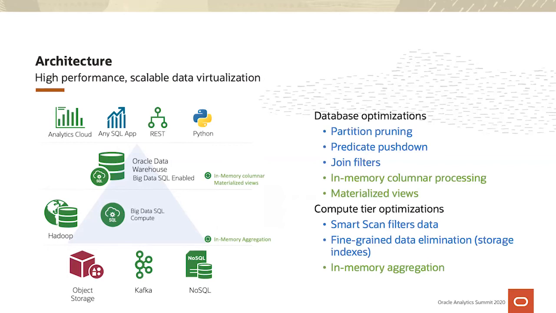On the compute tier, it also does the aggregation, and we talked about that before. So at the end of the day, it's all about filtering and eliminating data as much as possible, processing that data and aggregating that data, and then bringing the result back to the database and to the client. So that's efficient processing. That data may come from Hadoop, from Object Store, from Kafka, or a combination of these sources for a single query.